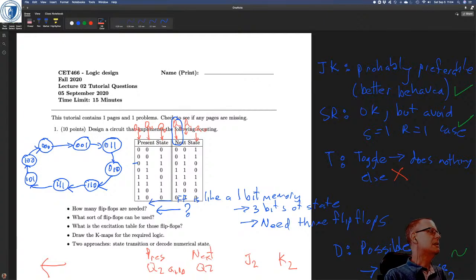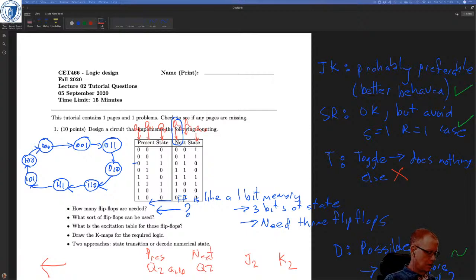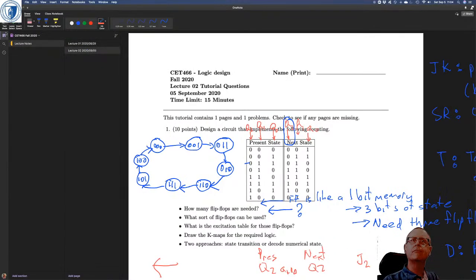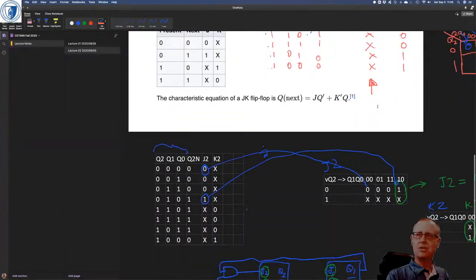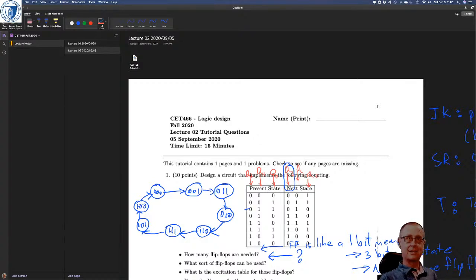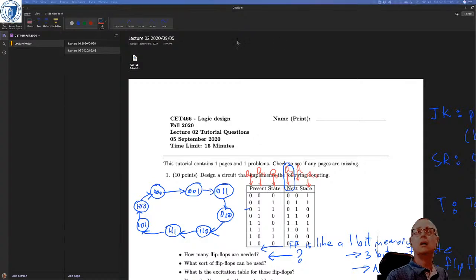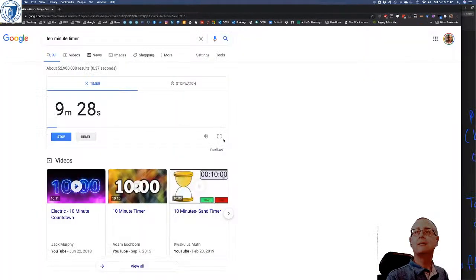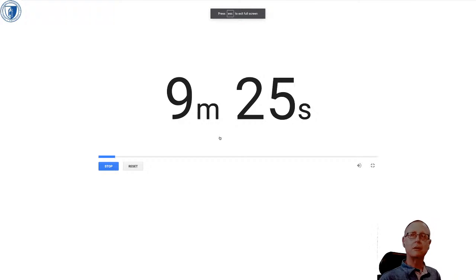Unless anybody has any other questions, let's take maybe a 10-minute break while I get some more coffee, and I'll see if I can figure out why this isn't a classroom notebook. The reason that's good is then you can get access to all of these handwritten notes without me having to do anything. You should just be able to open up OneNote and access the information. Okay, so let's do that, and I'll see you back in about 9.5 minutes.